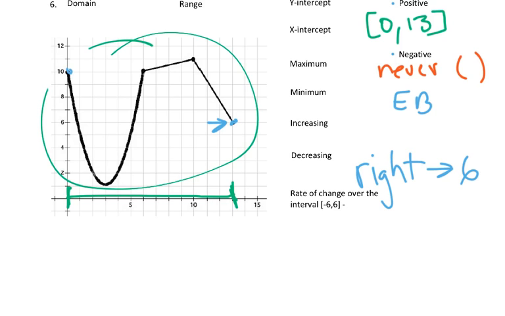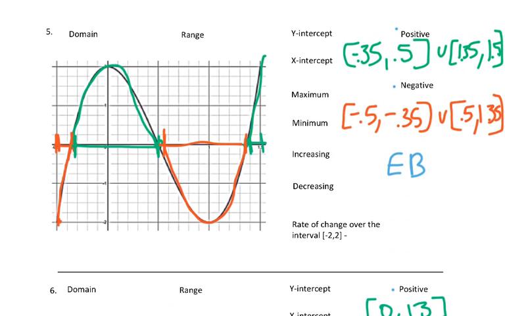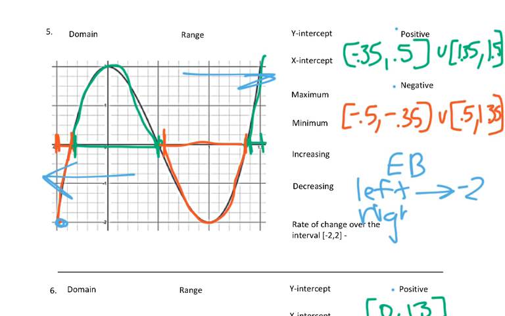As we go to the left, we're hitting that point, which is 10. Same with this one: as we go left, it's going down to negative 2, and as we go right, it's going up to positive 2.